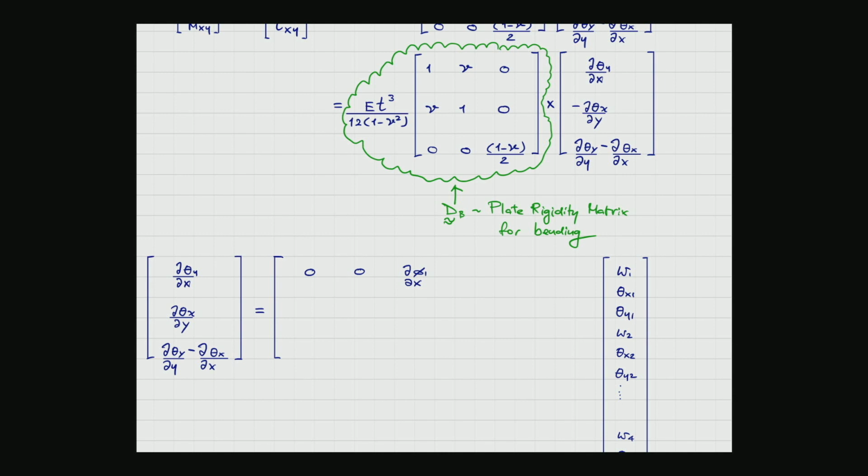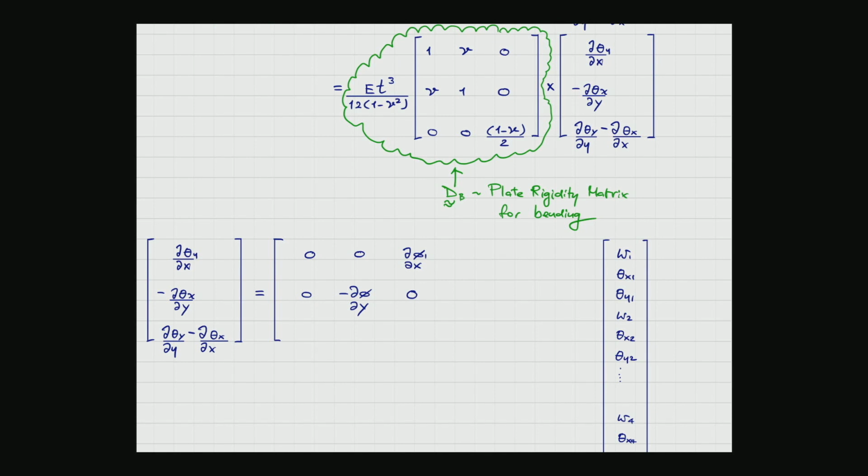And the next one, this is going to be 0 minus partial derivative of theta x with respect to y and 0.